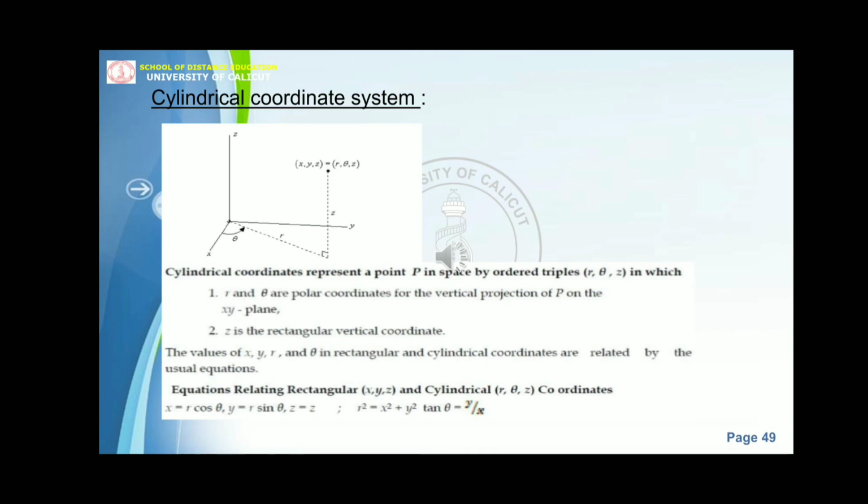Now we can find equations relating the Cartesian and cylindrical coordinate systems. These equations are x = r cos theta, y = r sin theta, z = z, and r² = x² + y², and tan theta = y/x.